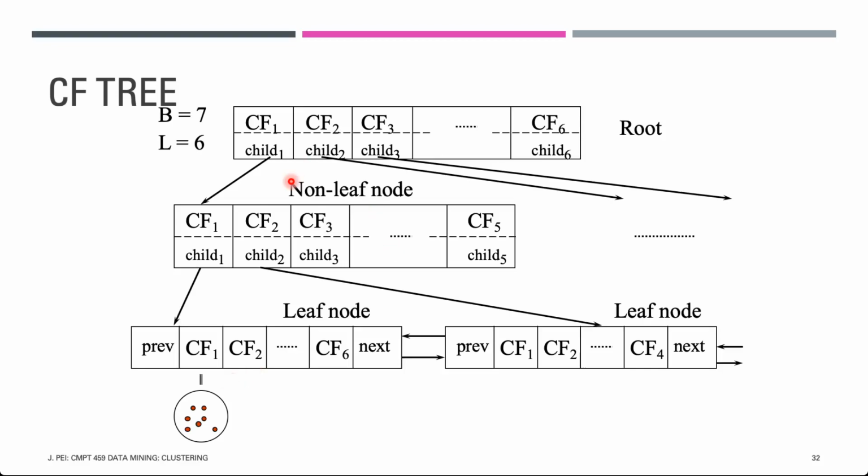This is an example of the CF tree. We have different clustering features and children, and for a non-leaf node, we have further pointers to children and further clustering features.